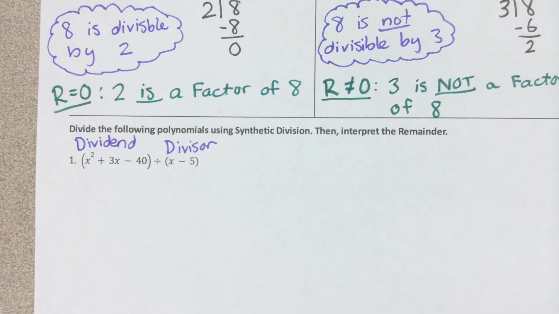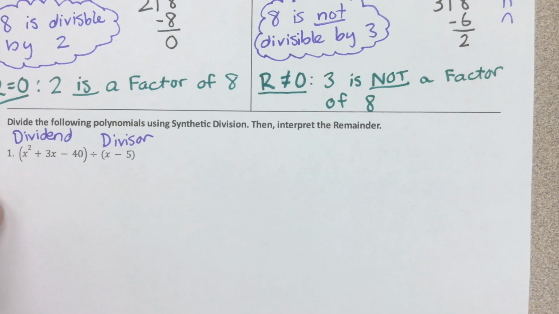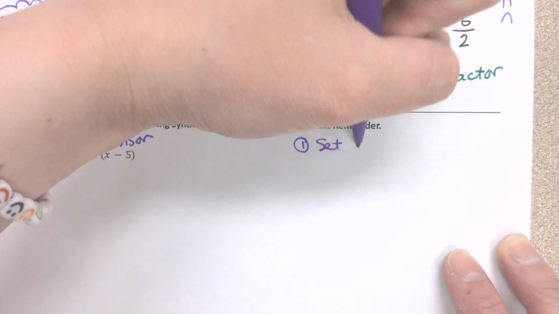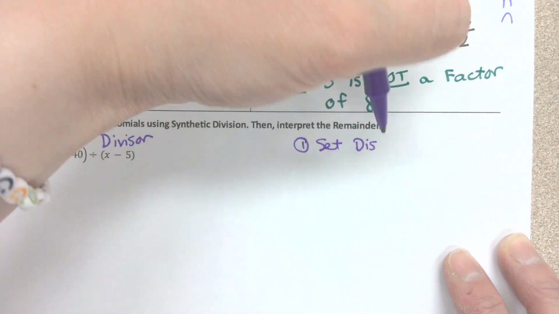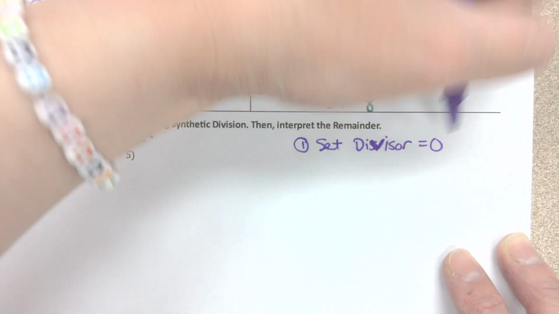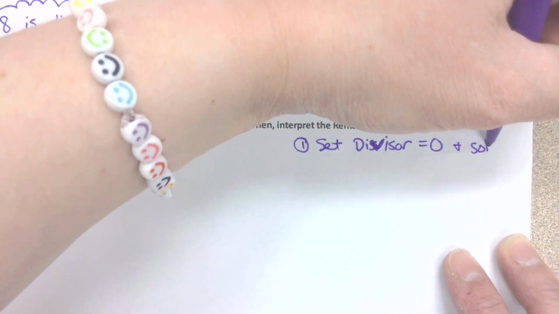And then we're going to find the quotient in a moment. So our very, very first step here, set divisor equal to 0, and solve.